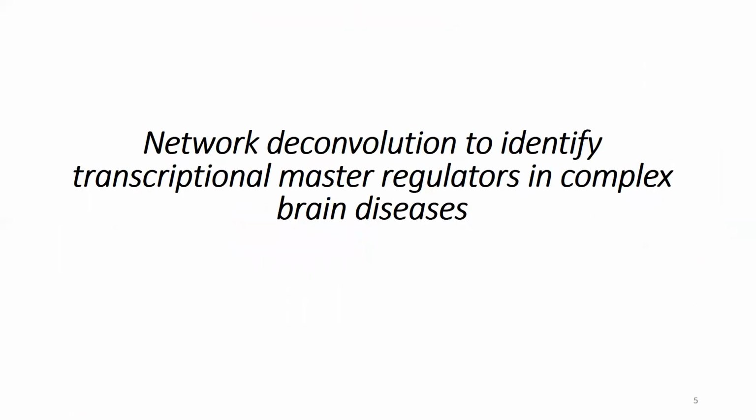Now, with this brief introduction, I would like to draw your attention to the first study on network deconvolution in order to identify transcriptional master regulators in complex brain diseases.